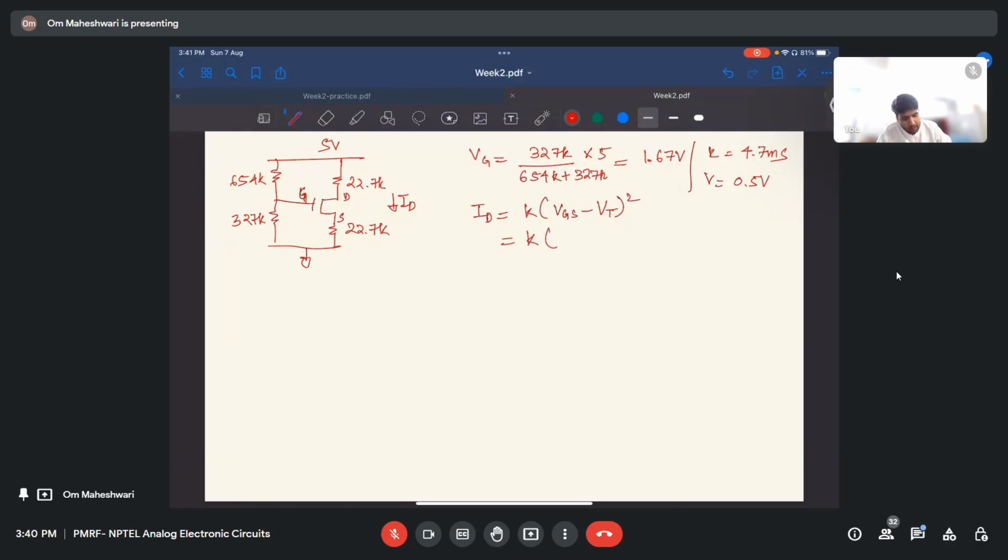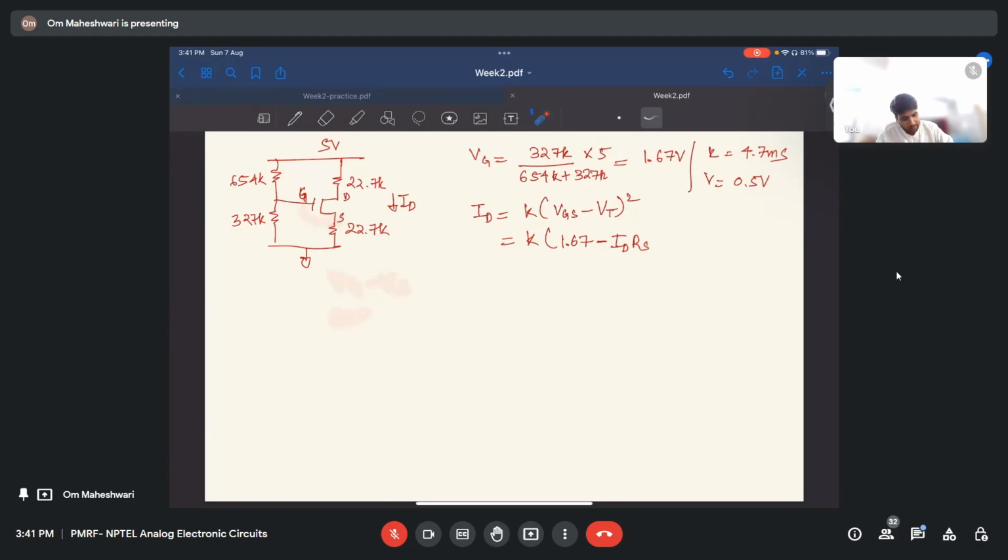K is given, fine. What is VG? VG we know, 1.67. Now Vs is not 0 this time, right? So instead of Vs, I will have to write IDRS, because the drop here will be IDRS.